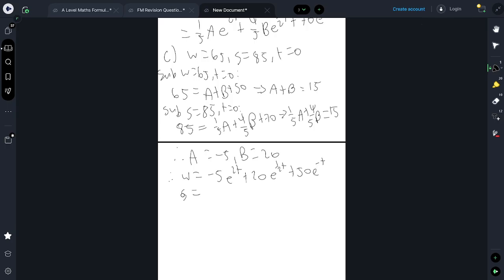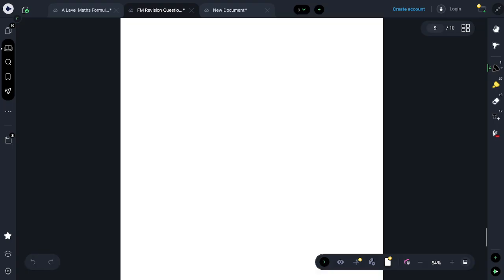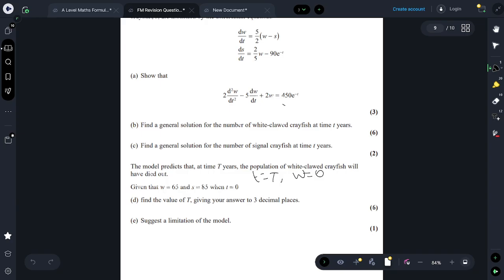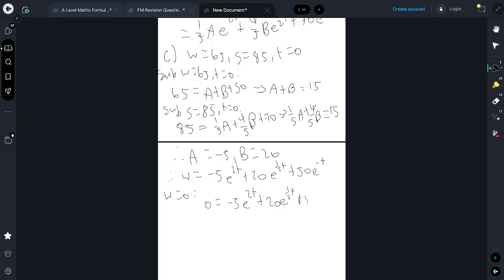And that means S then as well. Well, actually, we don't need S because what we want to work out, because we know our values now, if you remember the question, is the value of T when W is 0, right? So W is 0 means that 0 is minus 5 e to the 2t plus 20 e to the half t plus 50 e to the minus t.